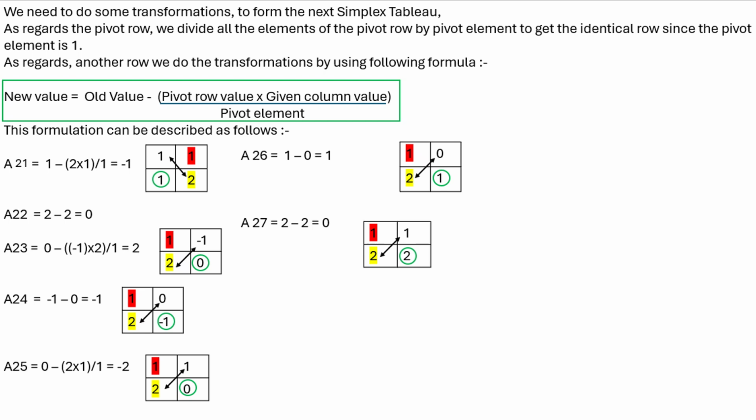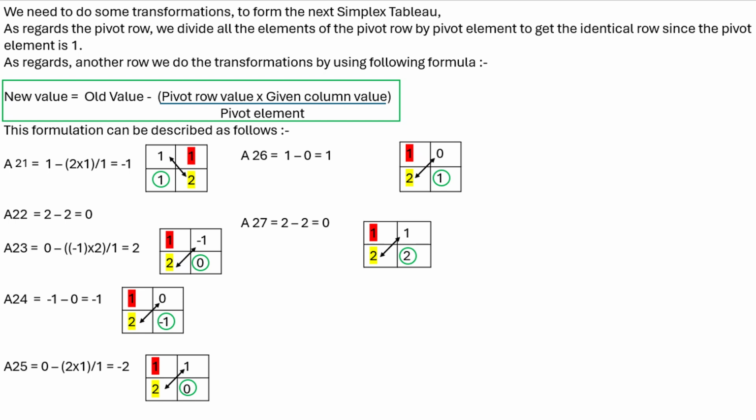So here I have encircled the original element in green circle, and here is the pivot column, and here is the pivot element, which here is 1. 1 minus 2 into 1, which I have indicated this multiplication by this bi-directed arrow. So 1 minus 2 into 1 upon the pivot element, that is 1. This is the new value of a21, which would be plugged into the second iteration.